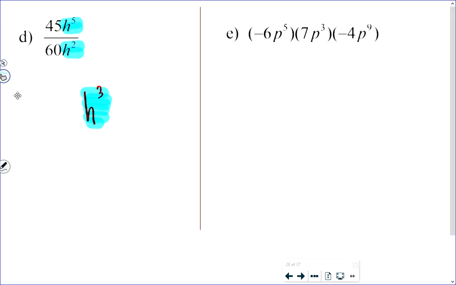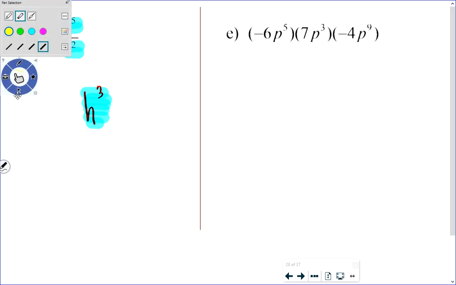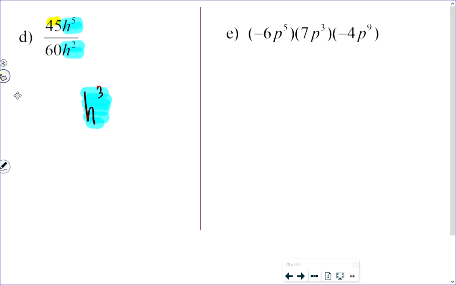And now we have a problem because we have 45 over 60, and we can't divide 45 by 60 and get a whole number. But what we can do is just recognize that this entire 45 over 60, we can just think of it as one number, whatever 45 over 60 is. And 45 over 60 can be whittled down.